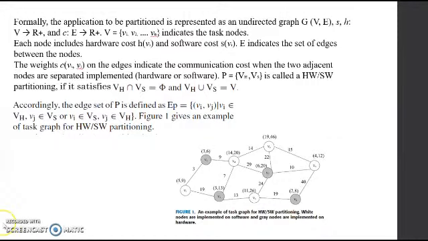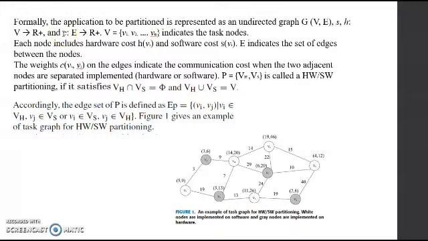So formally, the application of the partition is represented as an undirected graph called G(V, E), where V is the vertices and E are the edges. So this notation indicates task nodes. V is equal to V1, V2 up to Vn are the task nodes. So each node includes hardware cost Hv and software cost Sv.